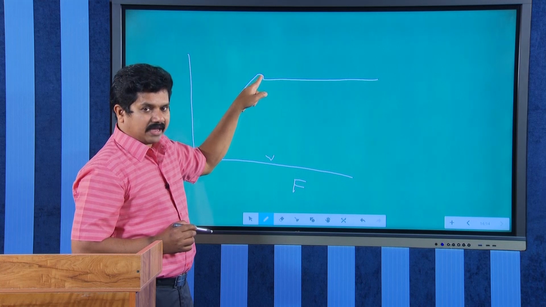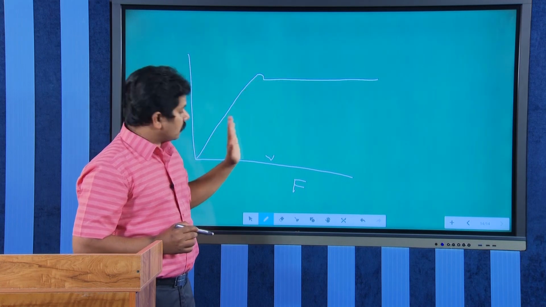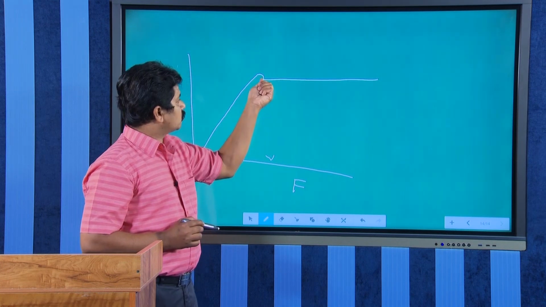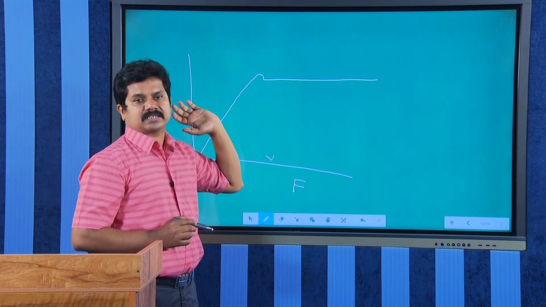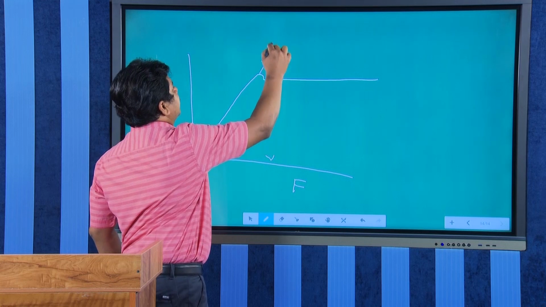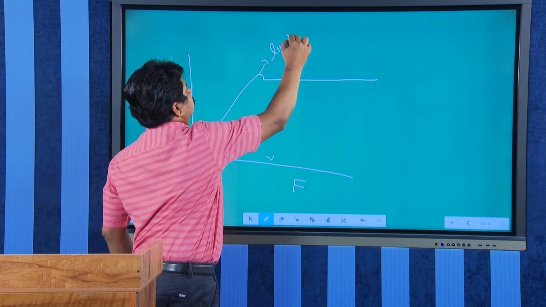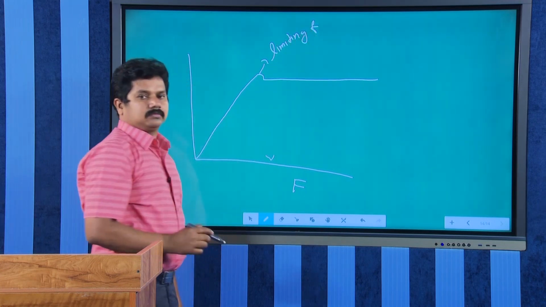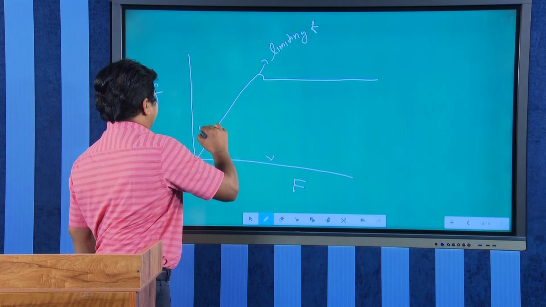While moving, the frictional force will be slightly less than the maximum value. This maximum value is called limiting friction.